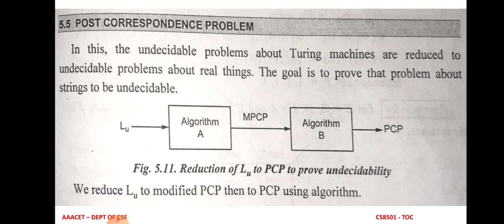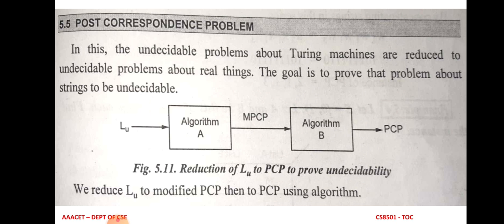The goal of this problem is to prove that problems about strings are undecidable. We can take one undecidable problem as an example, and then use some algorithm on that particular undecidable problem, so that it is reduced to another undecidable problem. That concept is known as PCP.